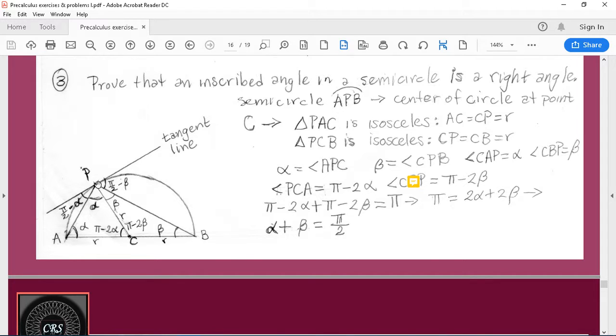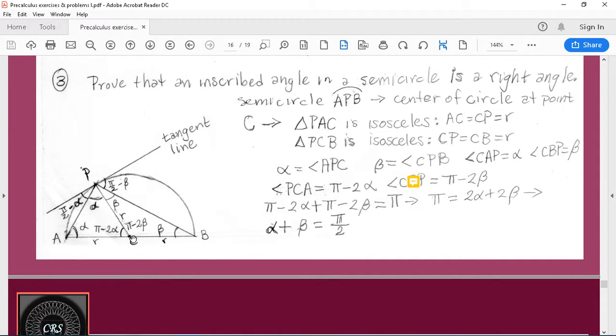Also, we have that angle PCA equals the sum of angles CPB and PBC. That is, that pi minus 2 alpha equals beta plus beta. That is, pi minus 2 alpha equals 2 beta. So, having that, we can say that pi minus 2 beta equals 2 alpha.